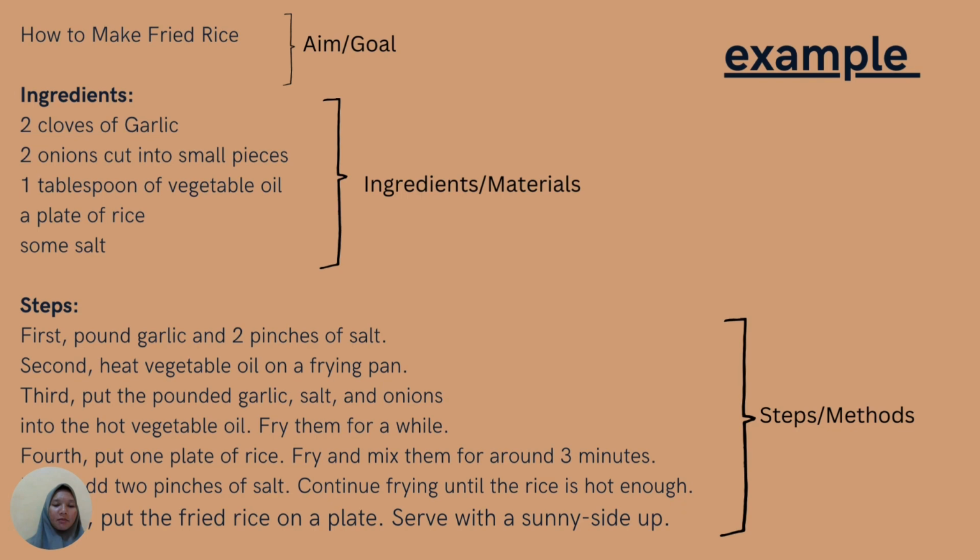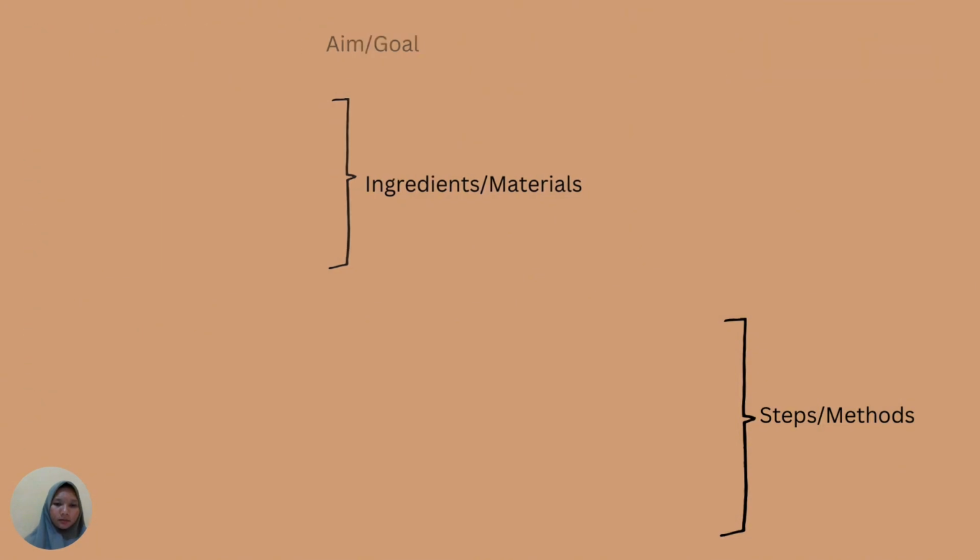The fry and mix them is the imperative. Adverb is for around 3 minutes. And for the conjunction or connectives is like finally or first, second, and continue, and etc.